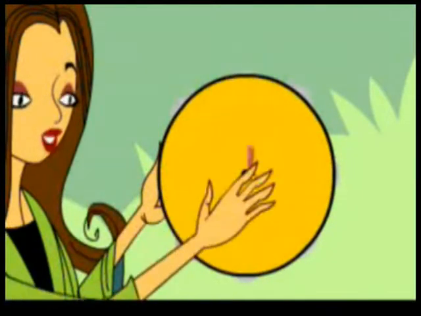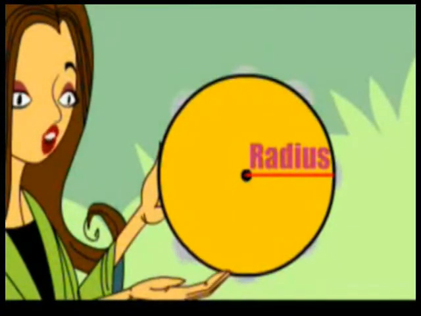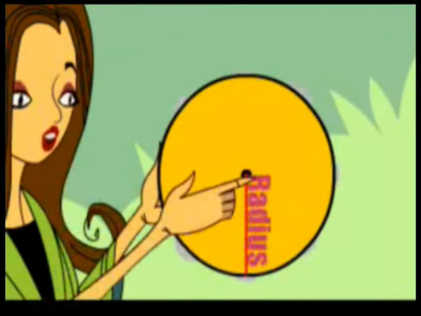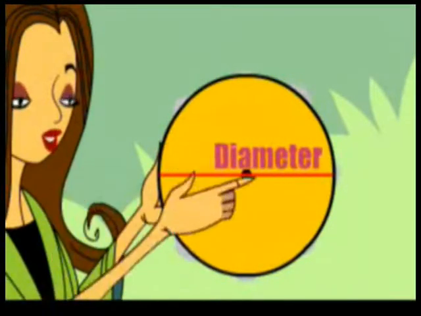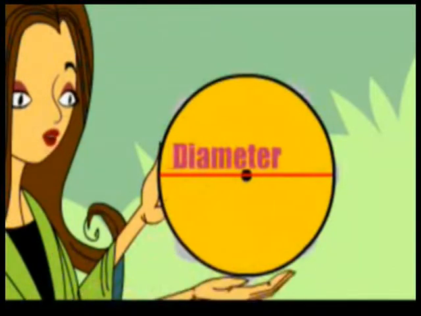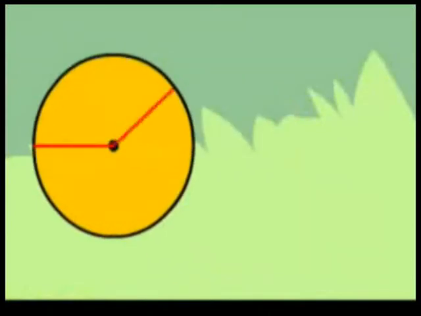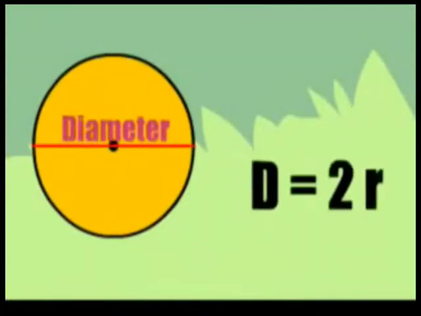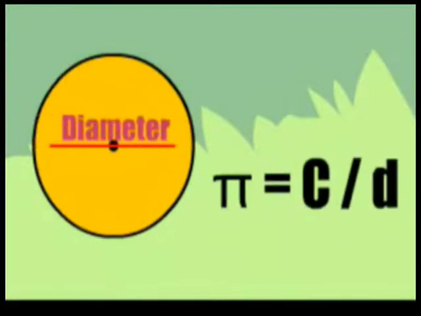A radius is a straight line from the center to the circle's edge. A diameter is a line across the endpoints of a circle that passes through the center point. Diameter D is twice the radius. Radius R is half the diameter.